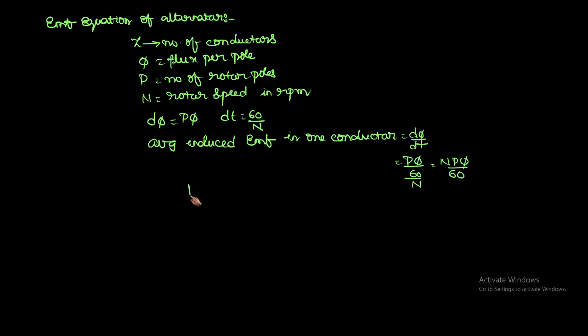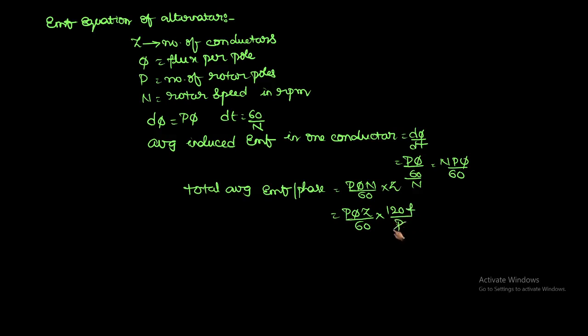So the total average EMF per phase will be equal to P phi N by 60 into Z. And what is the value of the speed? I am substituting here, speed will be 120 F by P. P gets cancelled here, and 120 by 60 is 2.